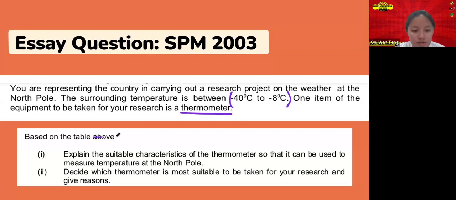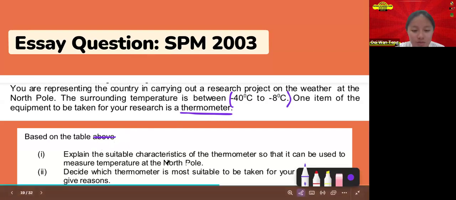Based on the table in the next slide, explain the suitable characteristics of the thermometer so that it can be used to measure the temperature at the North Pole, and decide which thermometer is most suitable to be taken for your research, and give reasons.